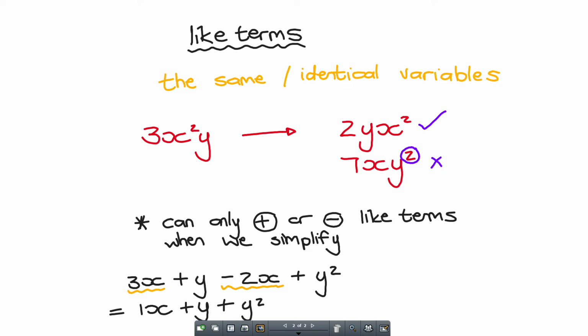Okay, now they can also ask us, they say, as the variable in an expression takes on different numerical values, the value of the whole expression changes.